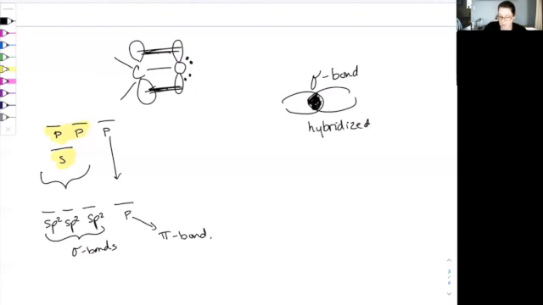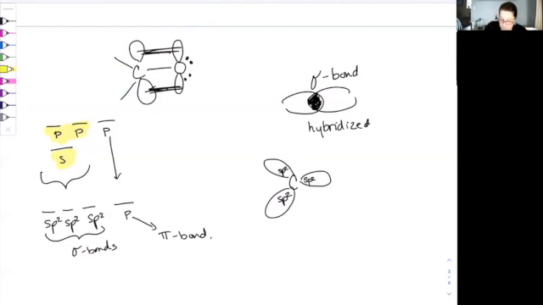Okay, so in the molecule that I drew over here, this carbon has three different sigma bonds. So that carbon has one sp2 hybridized orbital, two sp2 hybridized orbitals, and three sp2 hybridized orbitals.